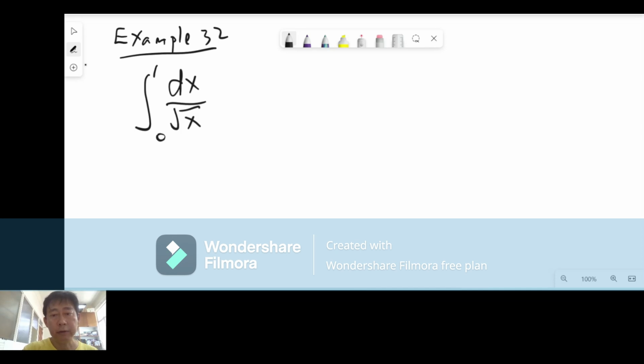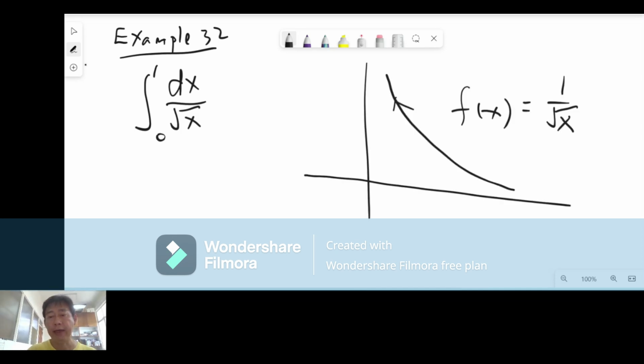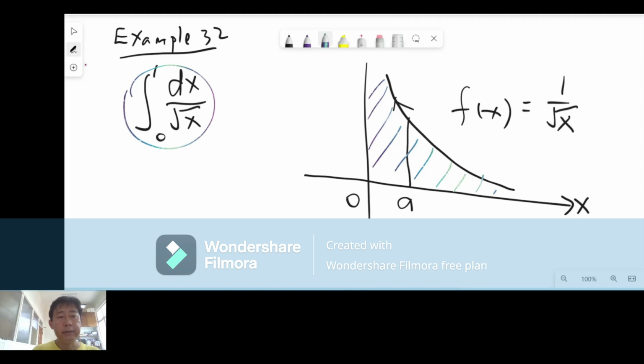Since the function 1 over square root of x is not well defined at the point x equals 0, we cannot evaluate the function at x equals 0 directly. Our purpose is to obtain the area under the curve of this function, which is represented by this integral.